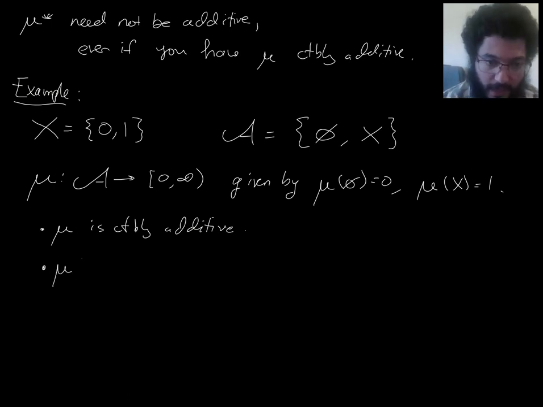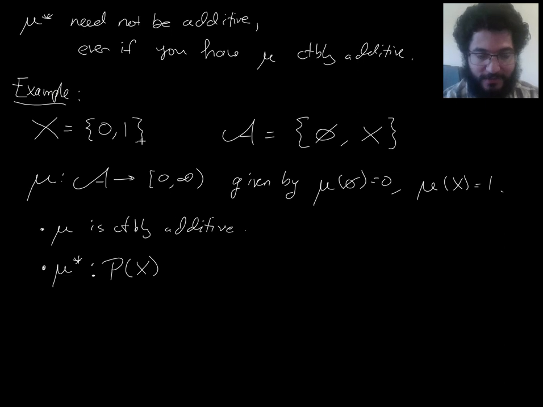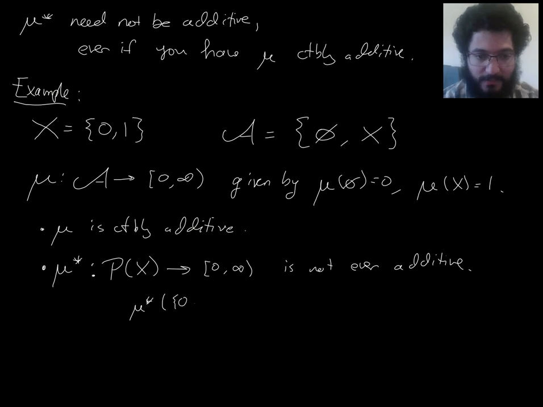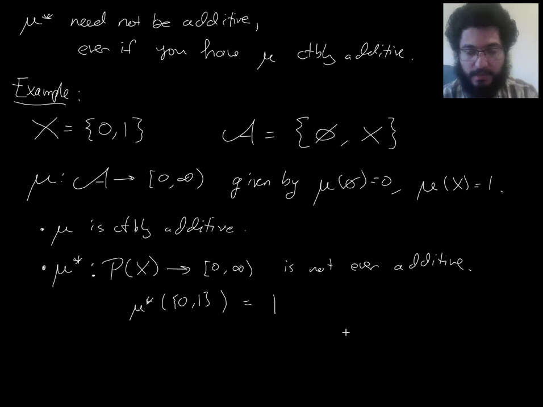But I claim that if you take mu star, which will be on the entire power set of X, which consists of 4 possible subsets of this 2-element set, then it's not even finitely additive. So look at mu star of the full set X, that's 1.